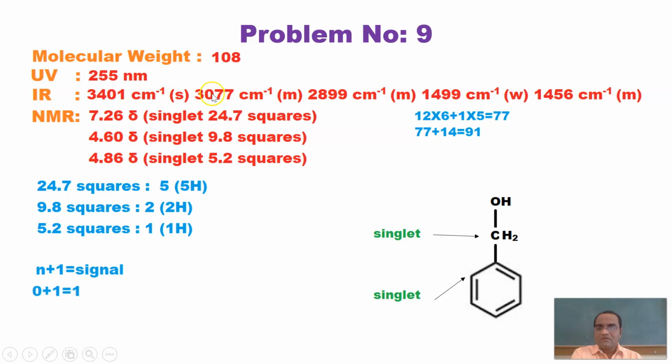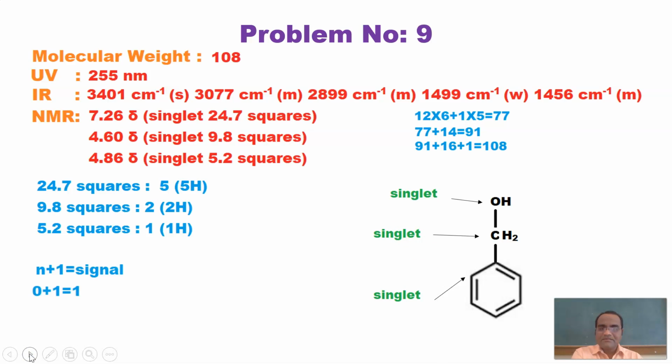And also this 3077 indicates an aromatic stretch, and 2899 is for this CH2 stretch. So now the molecular weight becomes 108. So the molecular weight is also exact.